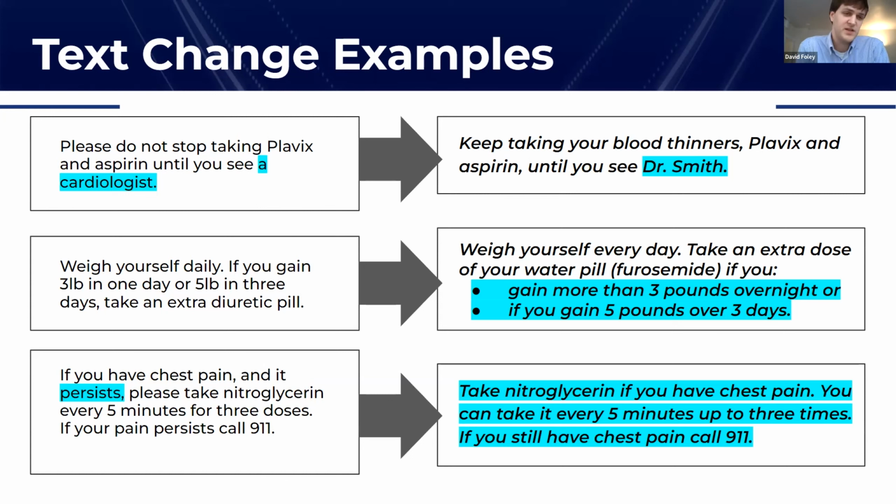So one potential use is to replace phrases like a cardiologist with information that's actually pertinent to the patient, like the name of their doctor, or to take ambiguous language like persist. If you have such pain and it persists, please take measure of glycerin. Replace that with language that tells you specifically what persisting means. Persist for how long? You can take it this much up to this many times.